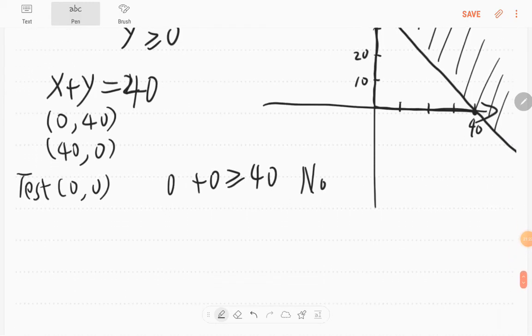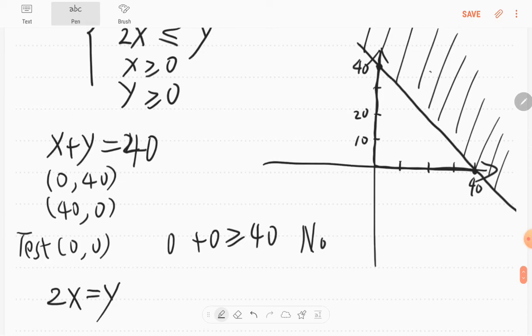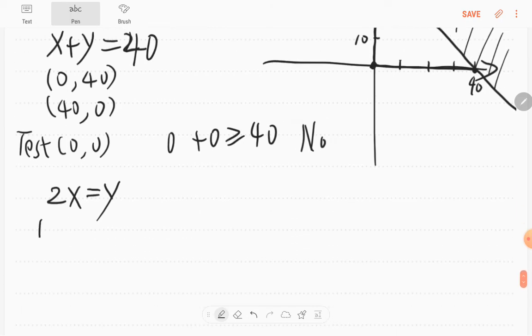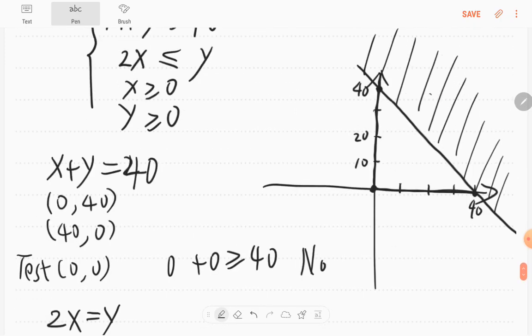The next one is y equals 2x. So when x equals 0, y equals 0. This is one point. When x equals 10, y equals 20. This is another point. That's less than or equal to. So this is the line.